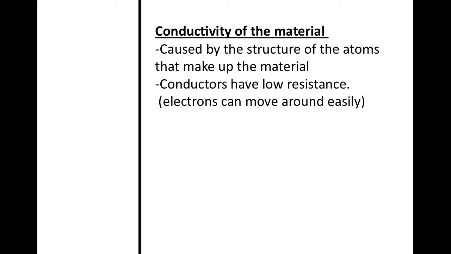The structure of each atom determines how easily the electrons can be removed from that atom. This ability of an atom's electrons to move is known as the electrical conductivity. Materials like metals have a high level of electron mobility, which means that they have a low resistance. The electrons can move around easily. If the electrons are not able to move around as easily, we tend to call these insulators.